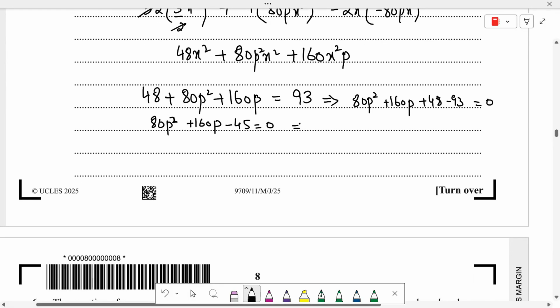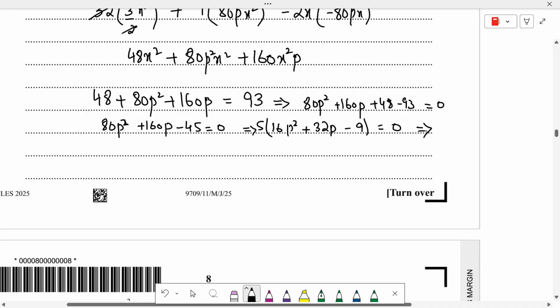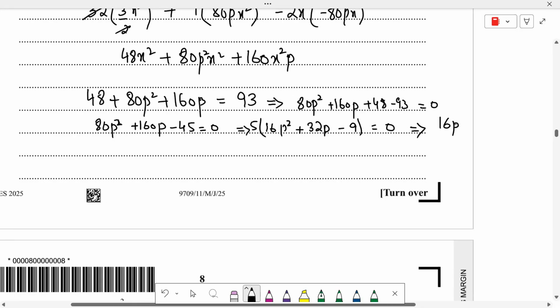Taking 5 common, we have 5 times (16p squared plus 32p minus 9) equal to 0. So 16p squared plus 32p minus 9 equal to 0.